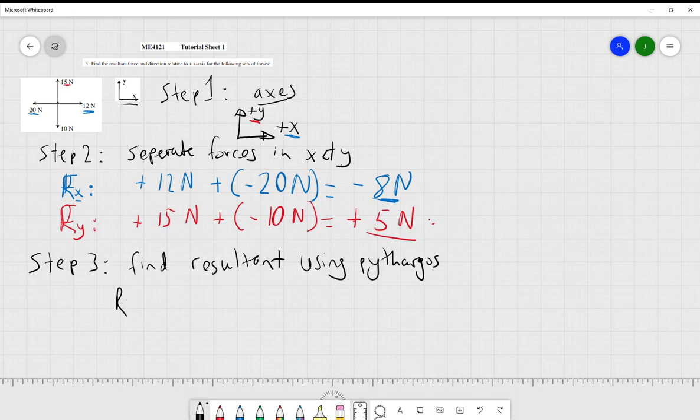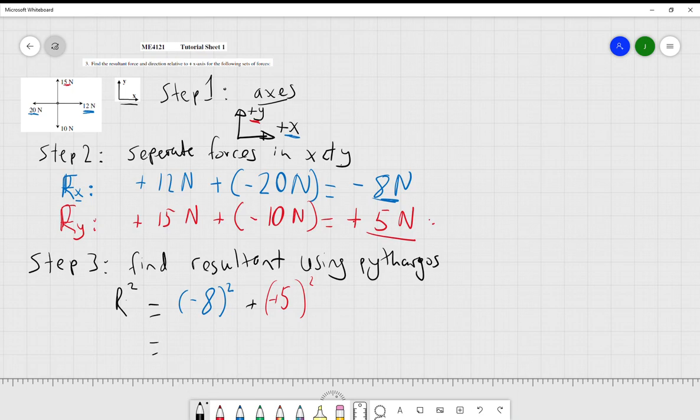We have its x and y components, so using Pythagoras, we say that r squared equals the x component, in this case, we can leave the minus in if you want, 8 squared, plus the 5 squared. Alright, so what do we get here?